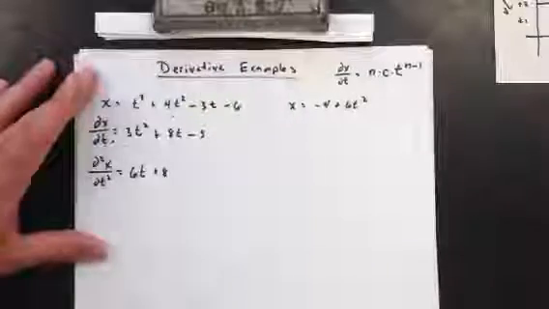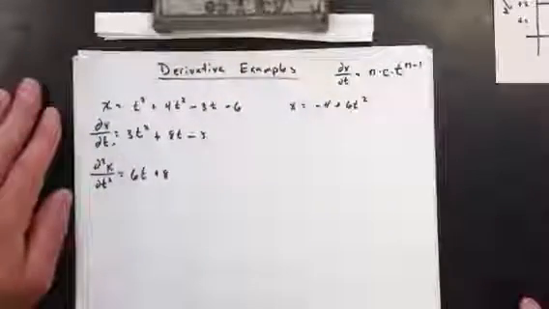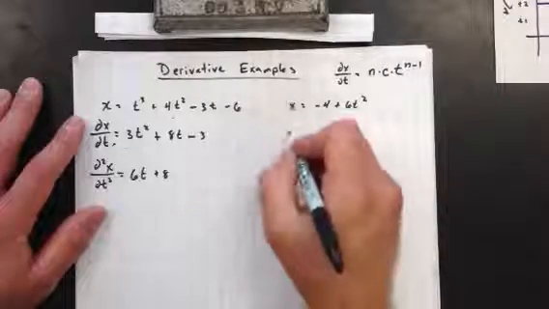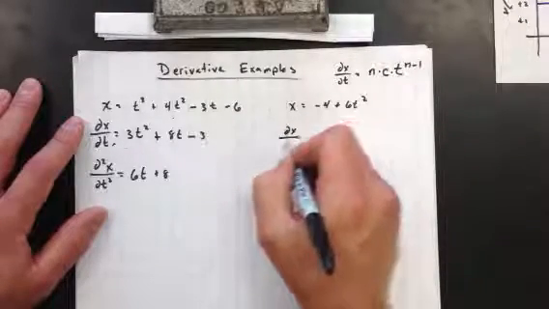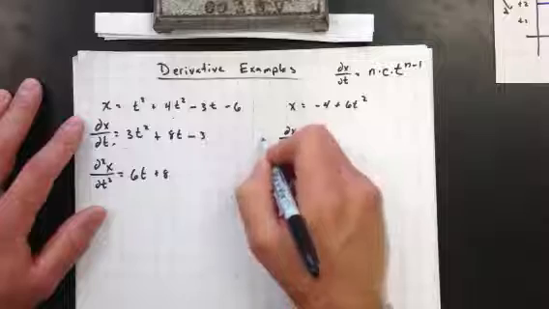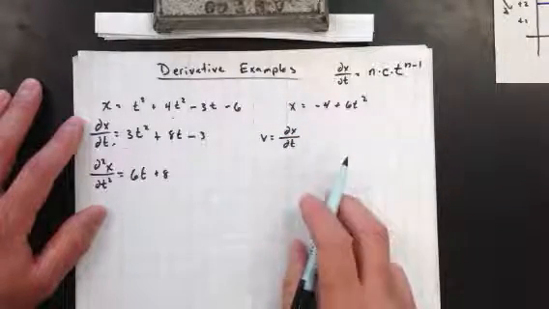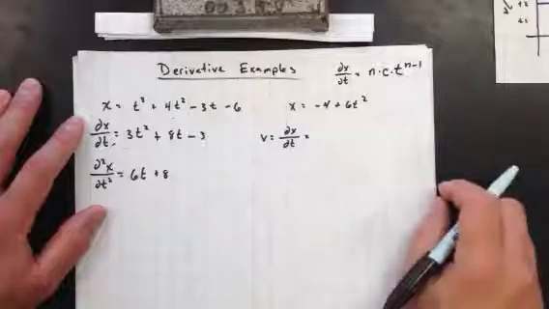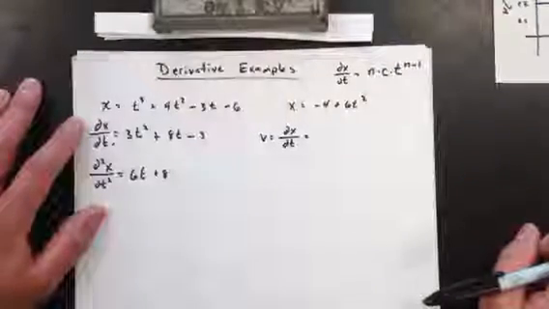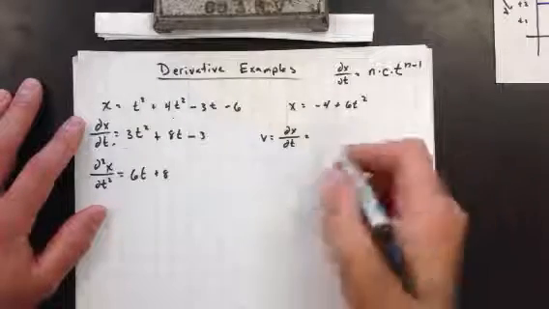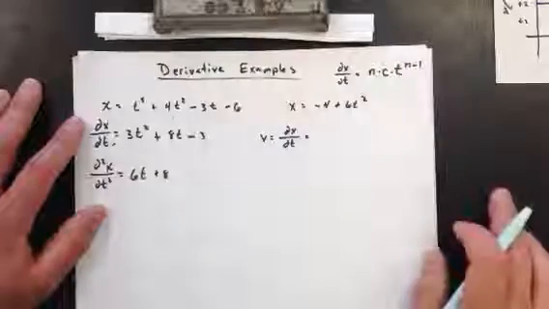All right. So take a look at this one. Let's take the first order derivative, the velocity, of this function right here. Okay, so what is the derivative of negative 4? You should have said that negative 4 is a constant, so the derivative of negative 4 is 0.